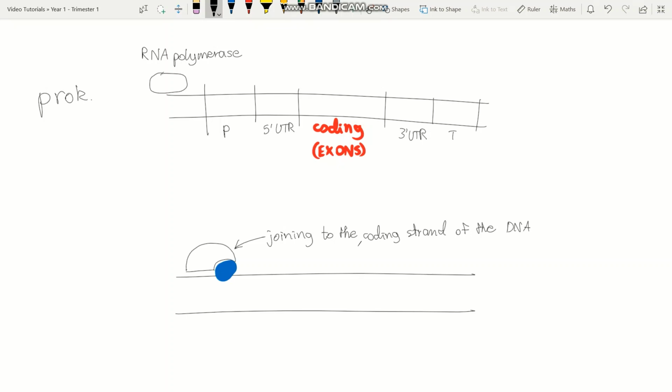Sorry, this should be the non-coding strand. And once it encounters the promoter sequence, it allows for the RNA polymerase enzyme to attach more tightly to the DNA chain. And after this process occurs, it essentially just removes itself from the RNA polymerase enzyme and therefore allows for the process of transcription to occur.